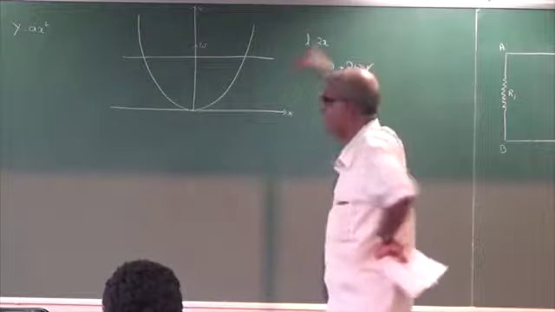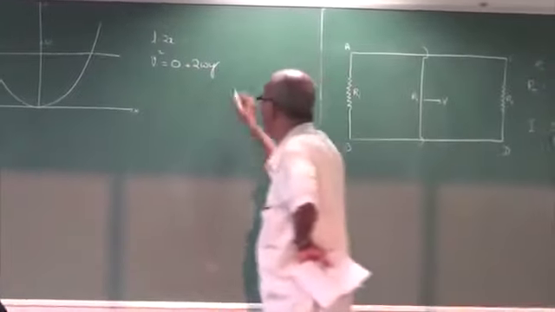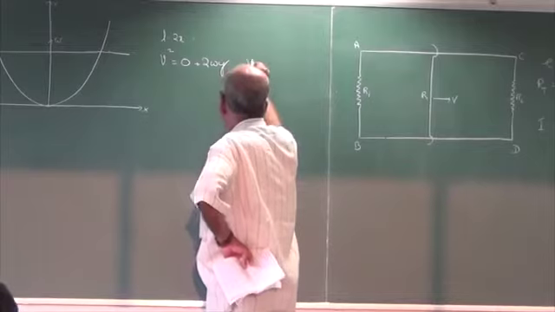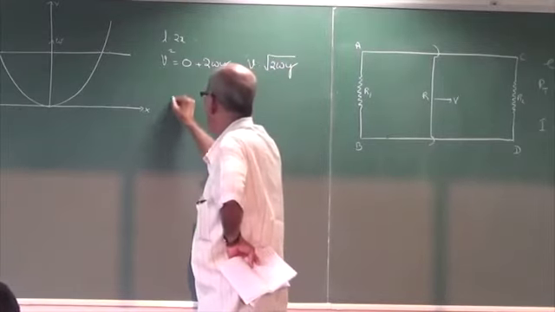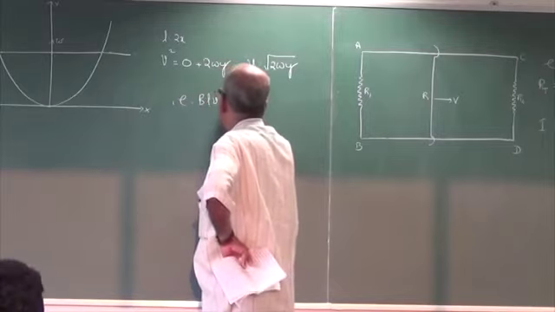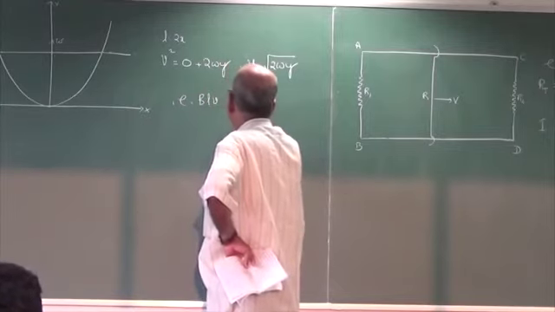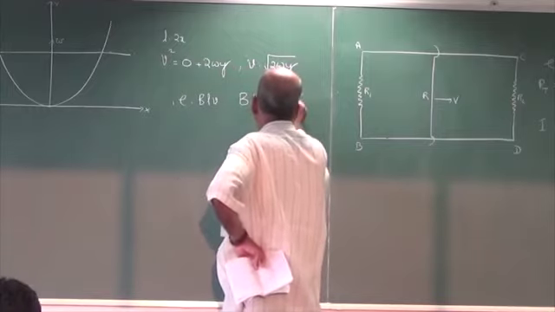Yes. Will you agree? Therefore V is root 2wy, and induced EMF is BLV, which is B into 2x into root 2wy.